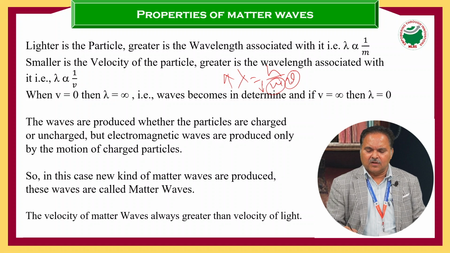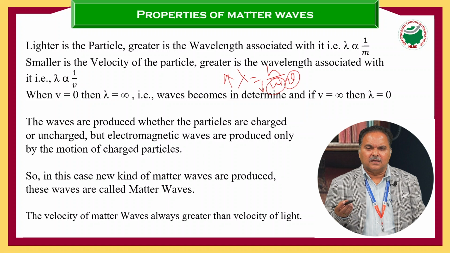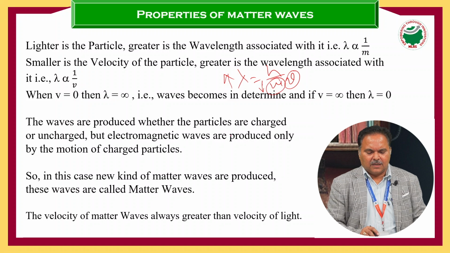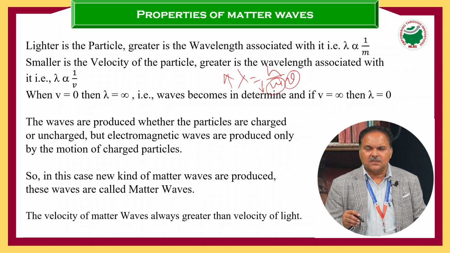If v is equal to 0, the particle has no momentum. That is not possible according to quantum mechanics; it should be moving only. Matter waves, whether the particle is charged or uncharged, show wave nature.